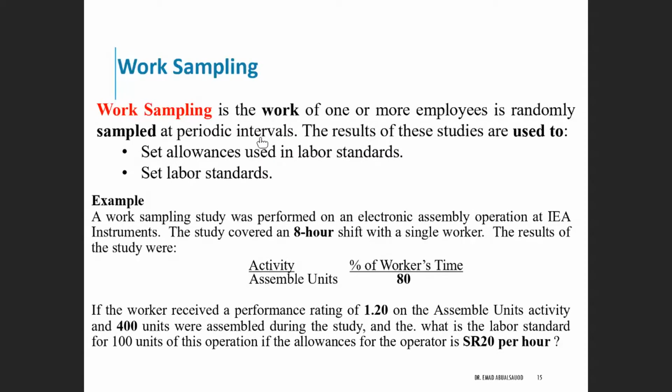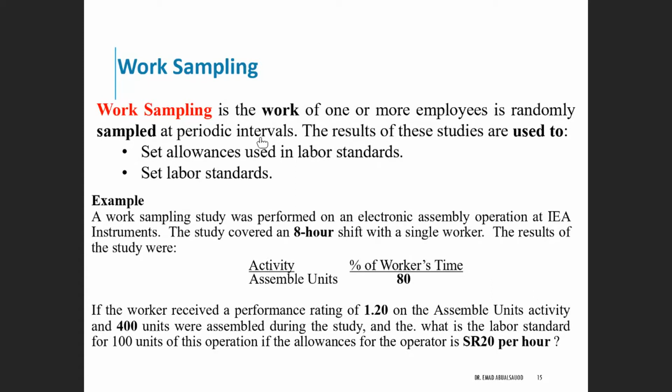So over time, when you do this randomly, you can have a standardized time for processing or completing that task, experiment, or job. They do this in manufacturing or service.